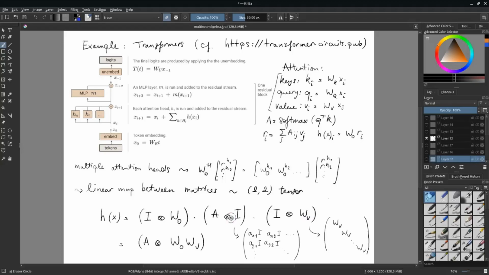In the end, there are some nice formulas about the tensor product and composition that let us rewrite this whole expression as simply the tensor product of A times W_O W_V, which makes sense if you look at it for long enough. So that was the example. Unfortunately I could not dig very far into this for reasons, but we can discuss it if you want.